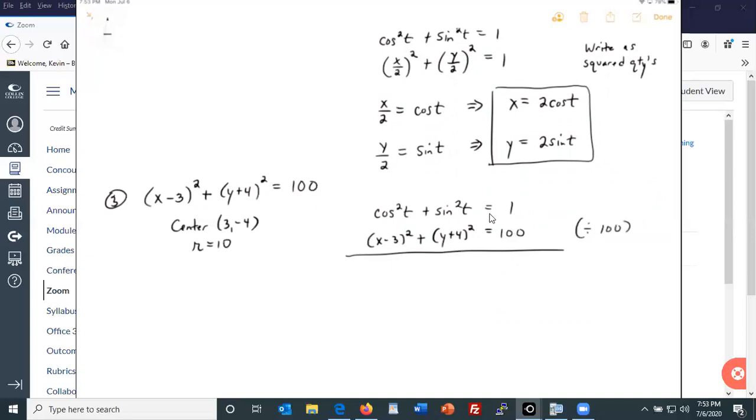Why? Well, in order to equate the left side of these two equations, I have to make sure the right side is equated also. And right now, 1 and 100, they're not equal. But if I divide 100 by 100, I'll get a 1 there, as long as I divide the other side by 100.